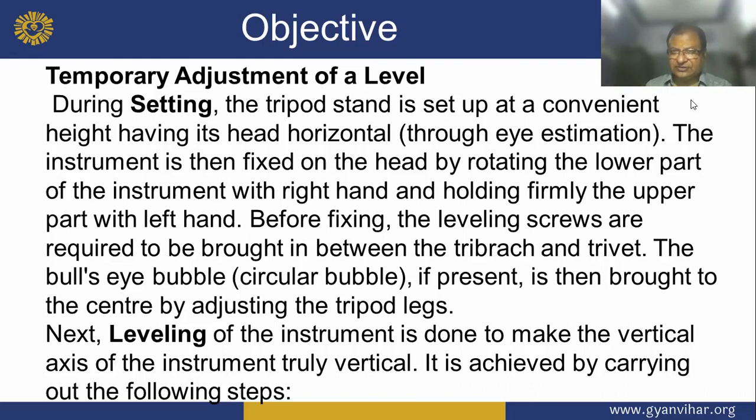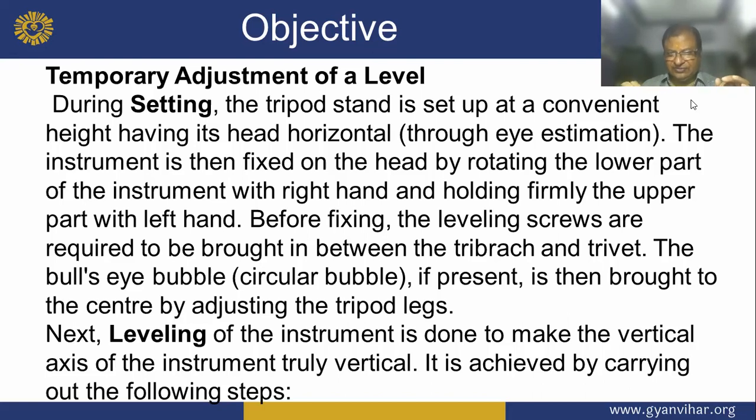Before fixing, the leveling screws are required to be brought between the tri-brake and the tri-weight. The bull's eye bubble, it means circular bubble, is present, and it is then brought to the center by adjusting the tripod leg.